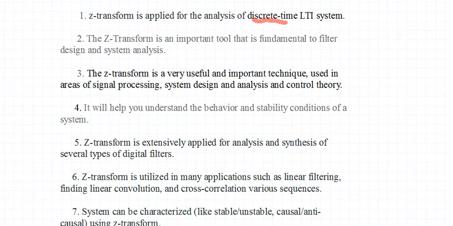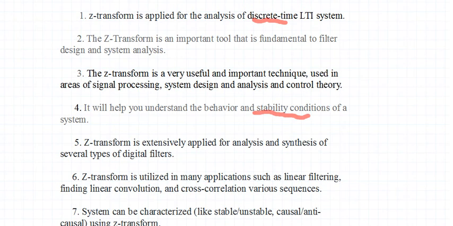Z transform basically helps you to identify the stability of the system, as Laplace transform helps you to identify the stability of CT systems. Similarly, Z transform can be used to identify the stability of the given discrete time domain systems. You can identify the stability of the DT system by analysis of its Z transform.